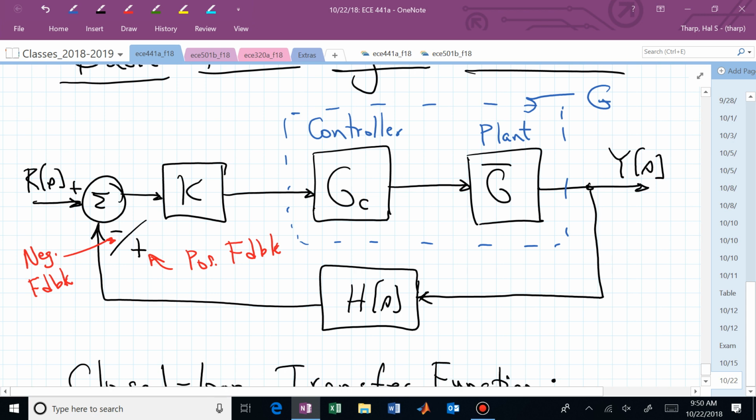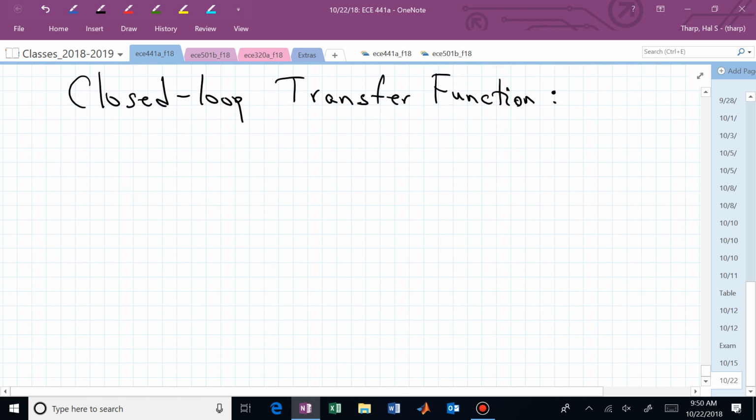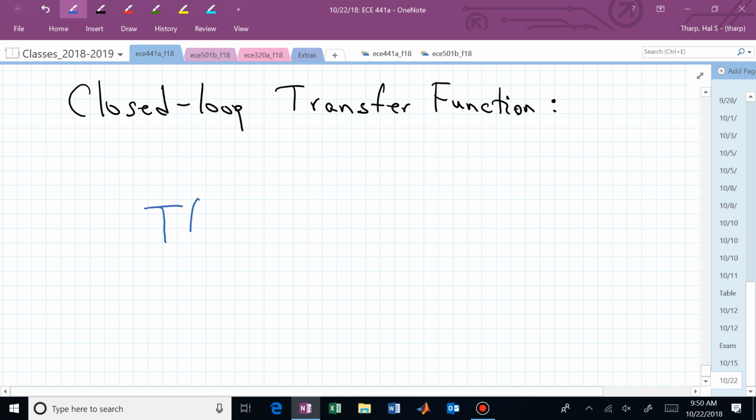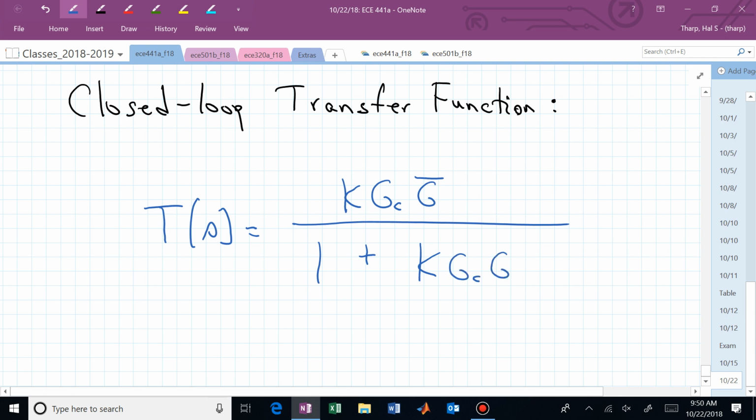But in this case, I hope that it's clear that the closed loop transfer function, T of S, would be G, which in this case is K G sub C G bar over 1 plus K G sub C G bar H, and that plus is with negative feedback.